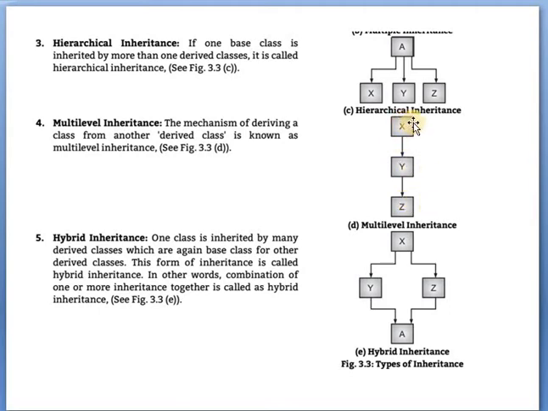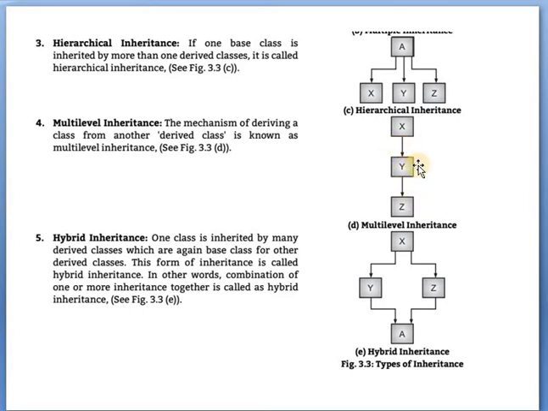So Y is a derived class of base class X, and Z is a derived class of base class Y. Now Y is acting as a derived class as well as a base class. Y is the derived class for class X and Y is a base class for class Z. So this is the level, so it is called multi-level inheritance.